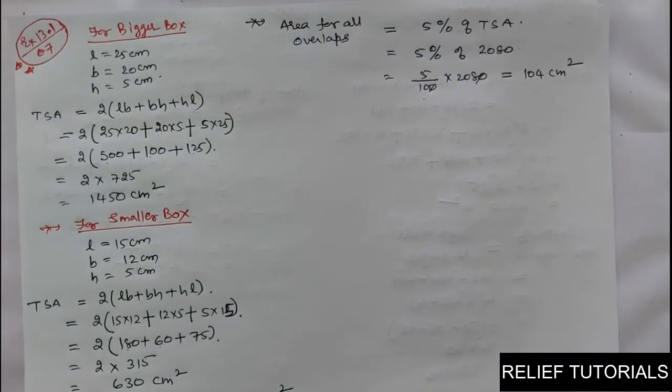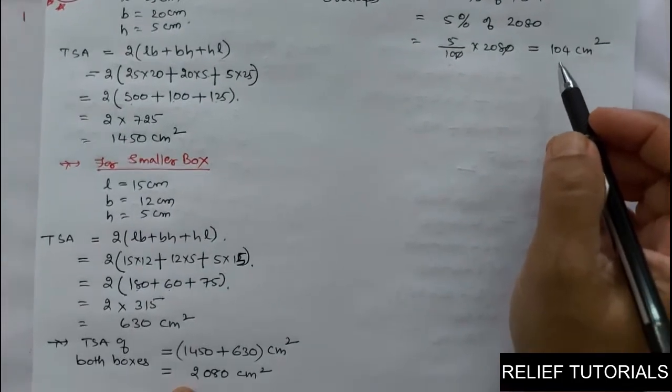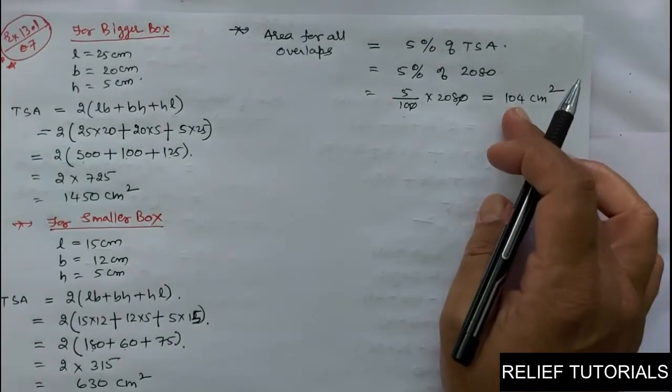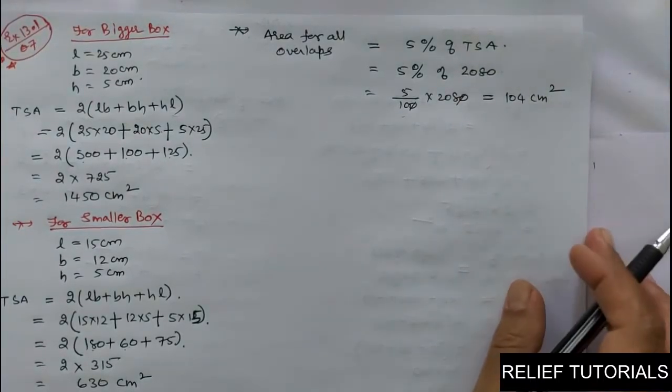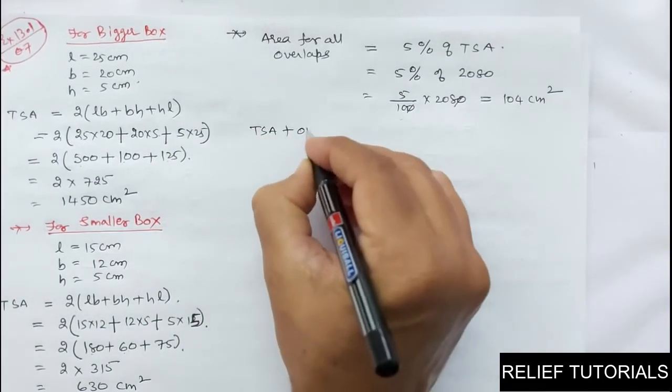So how many such boxes have we ordered? We have ordered 250 such boxes. Okay, so now total surface area is 2080 and 5% extra, that is 104. So now we will see total surface area plus overlap.